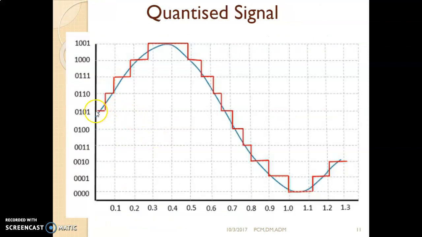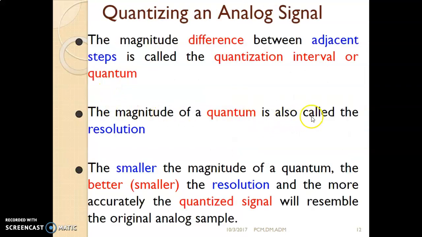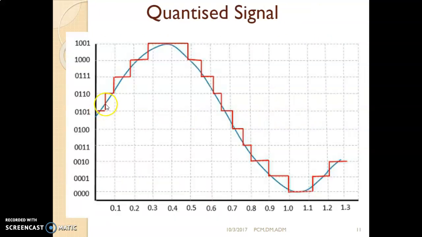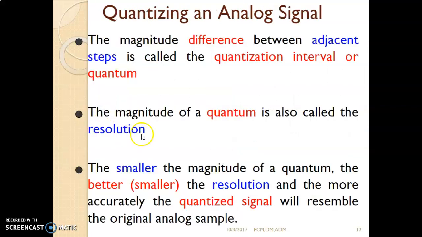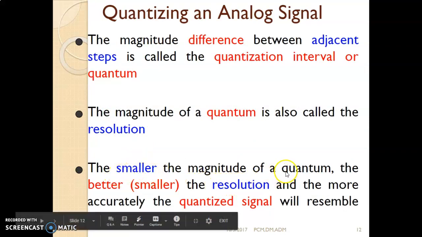The difference between this magnitude and this magnitude is called a quantization level or a quantum, and the magnitude of the quantum means the size of this step. In some books they write it as step size, so this size of the step is called the resolution. Now, a very important point to understand: the smaller the magnitude of the quantum, the better the resolution, and the more accurately the quantized signal will resemble the original.